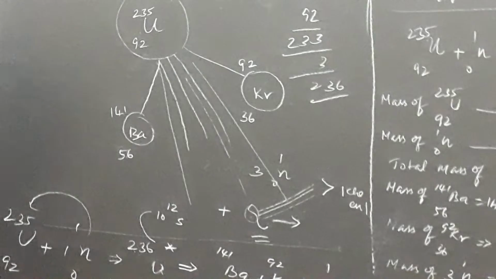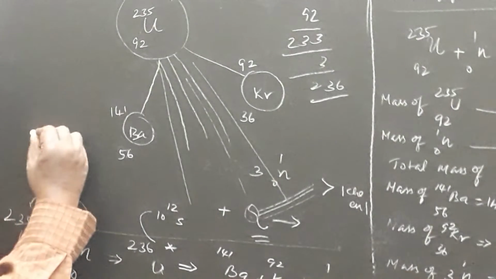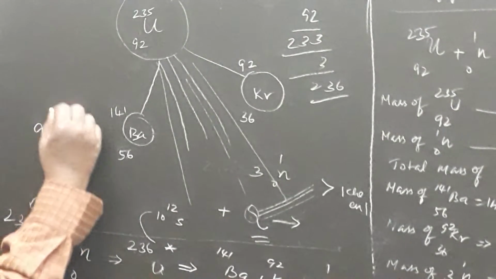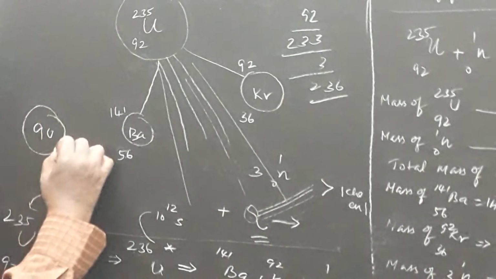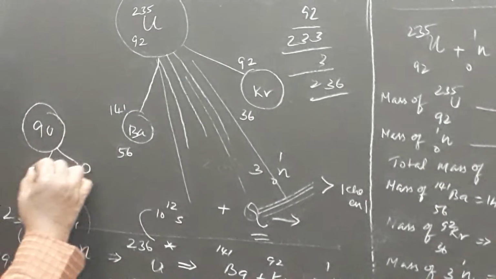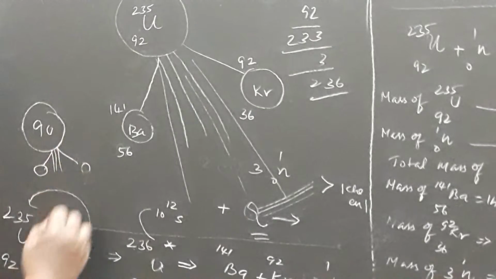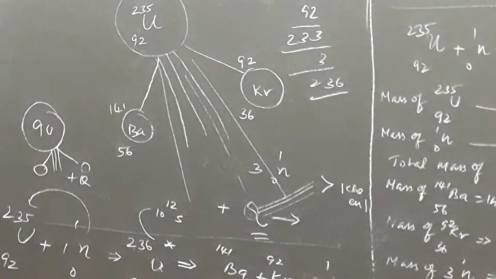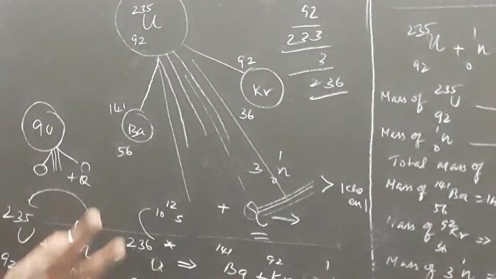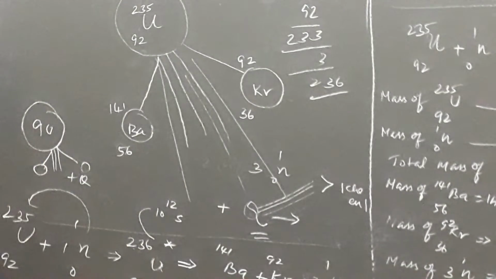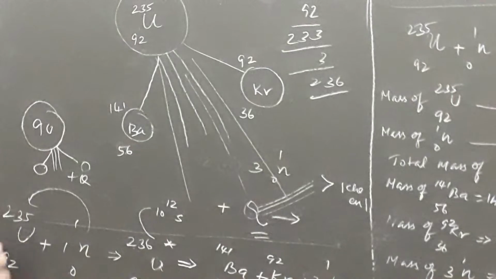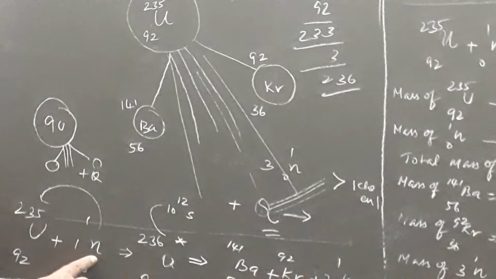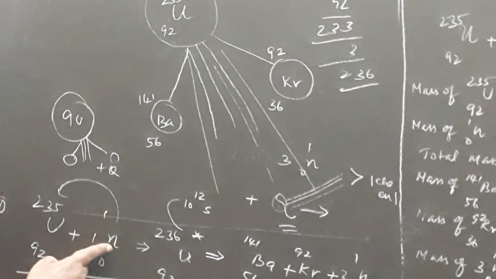There are 90 methods of uranium bifurcating into 2 fragments of nuclei along with neutron emission, plus Q also. But commonly there are 2 methods which happen naturally, almost 99%. The first is uranium 92-235 bombarded by 1 neutron.